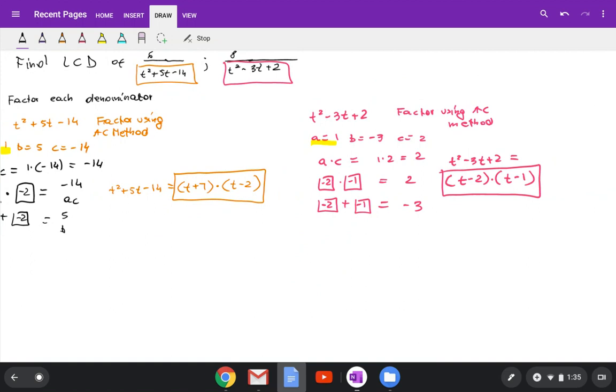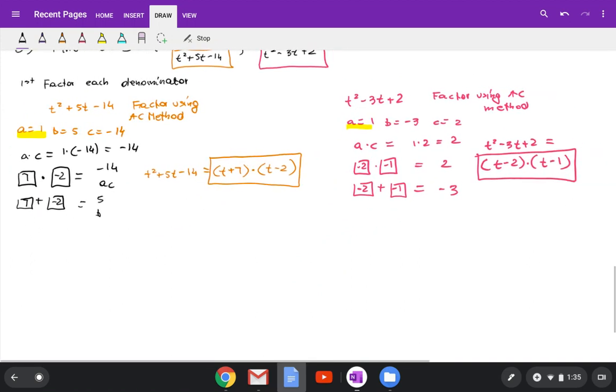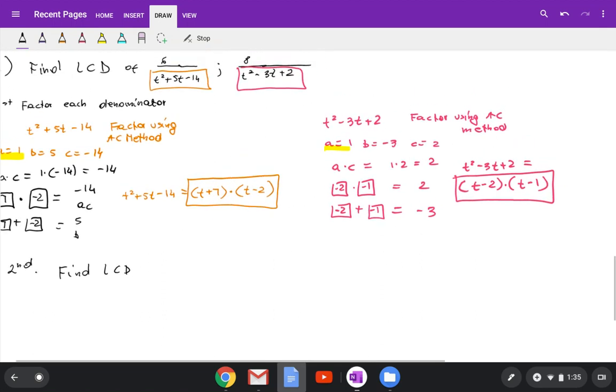Next, second, find the LCD of our denominators. So don't forget that t squared plus 5t minus 14 is the same as t plus 7 times t minus 2.